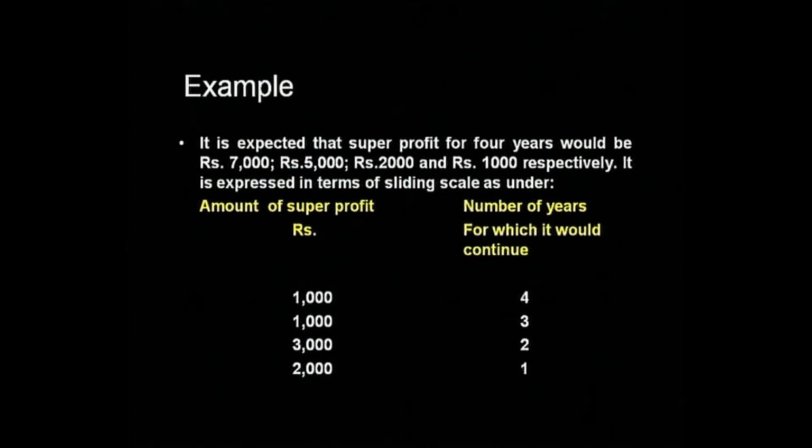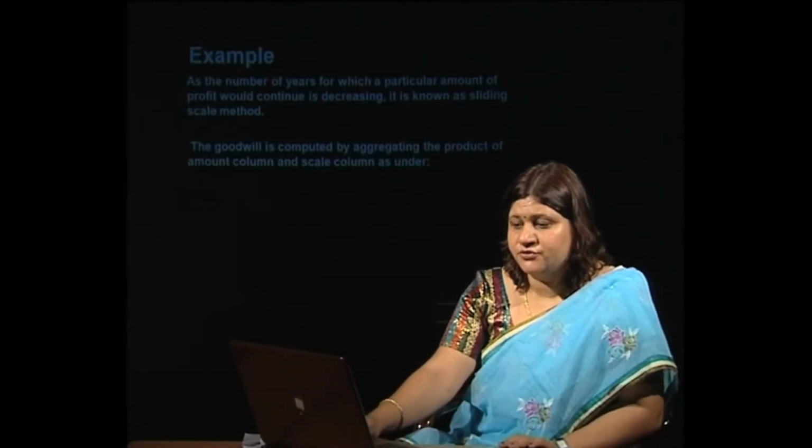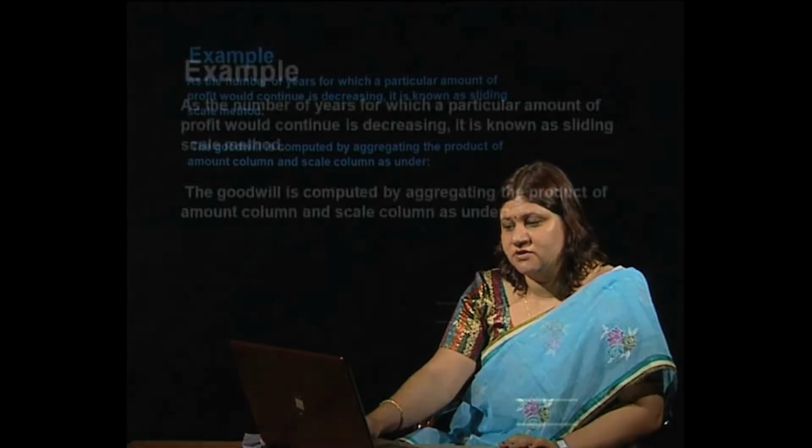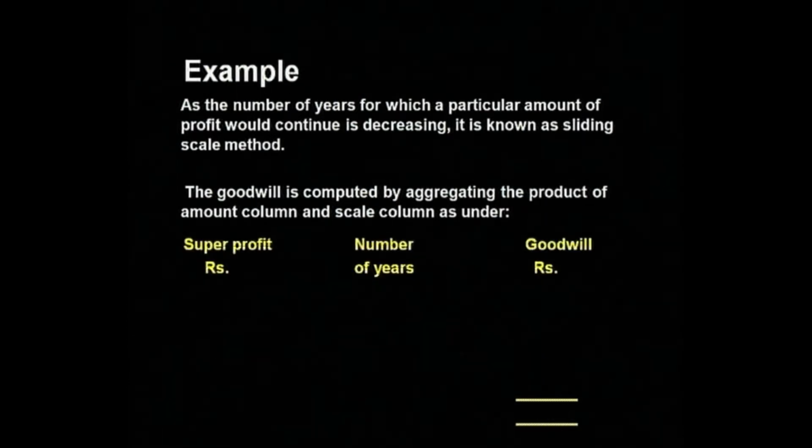So this 7,000 super profit would continue in such fashion. As the number of years for which a particular amount of profit would continue is decreasing, it is known as the sliding scale method. The goodwill is computed by aggregating the product of the amount column and the scale column as under. So we will write super profits and the number of years for which it is continued, and their multiplication will give us the amount of the goodwill.